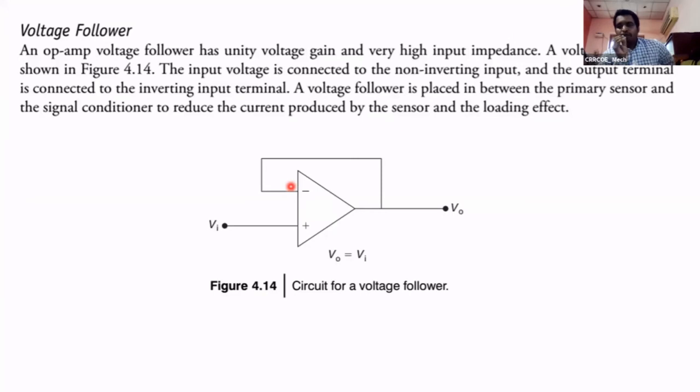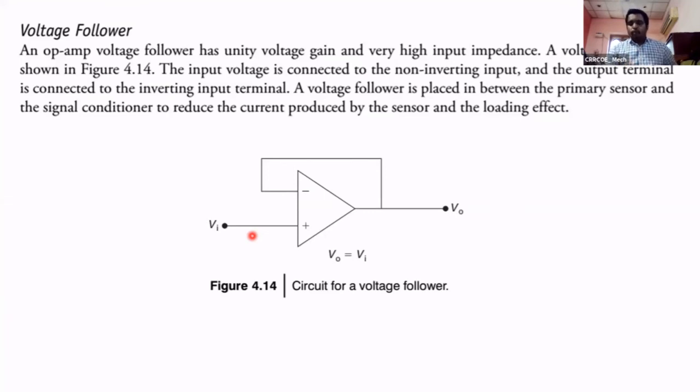For that isolation we need high impedance at the circuit, because if a high current is flowing between the primary sensing element and the circuit, definitely there will be some damage to the sensor or circuit. So we need to isolate the circuit from the primary sensing element. For that purpose we need to create high impedance, high resistance, for the flow of current from the sensing element.